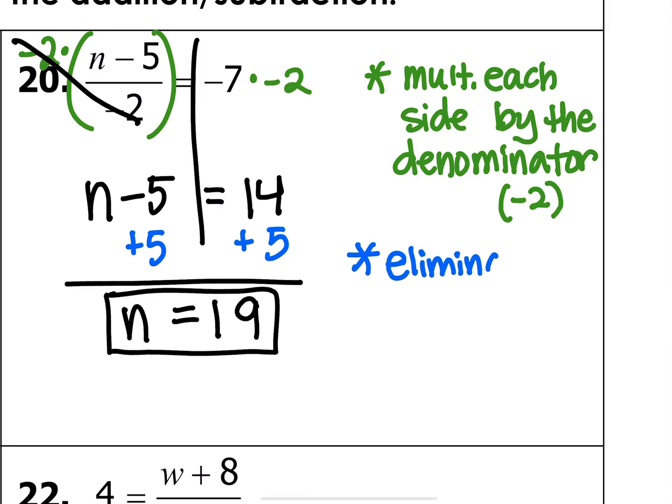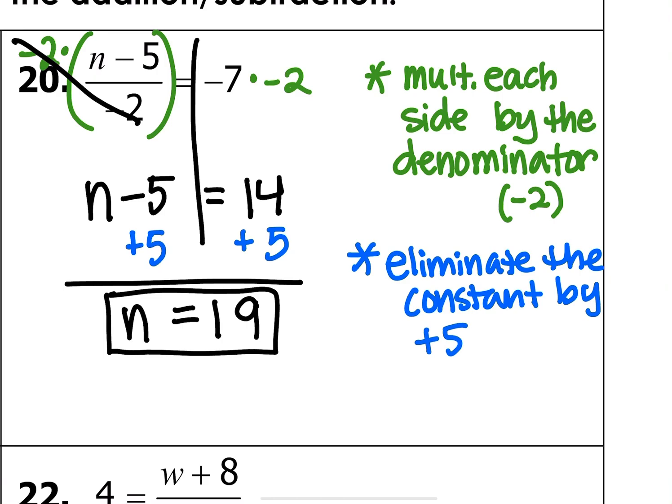Then we're going to eliminate the constant by adding 5 to each side. So those words can kind of describe what we did here to hopefully help you as you're going through your practice and for the quick check. So pause to get that copied.